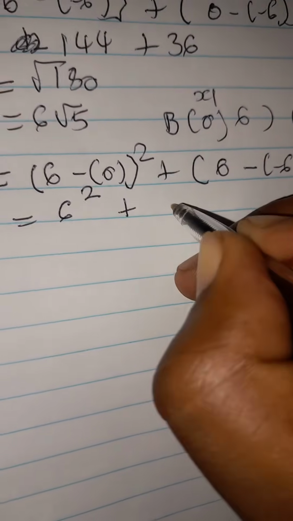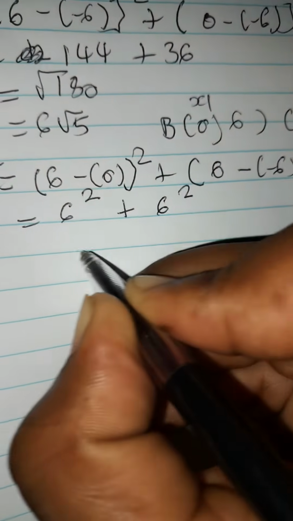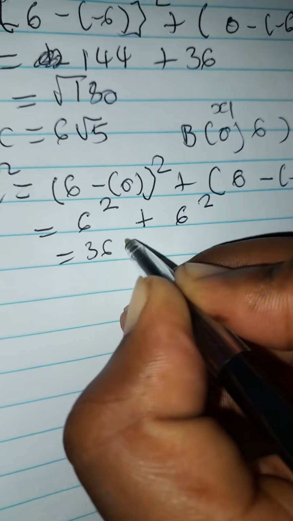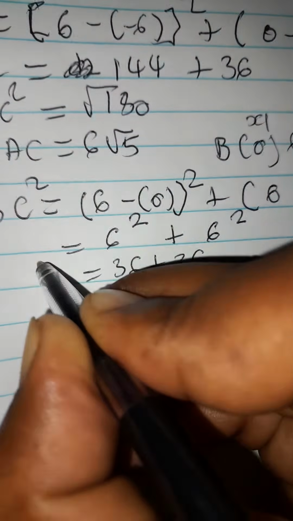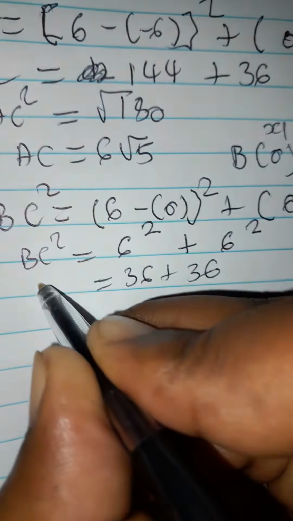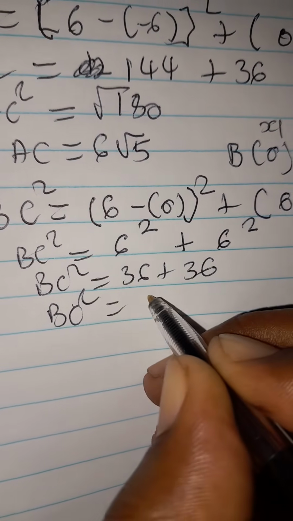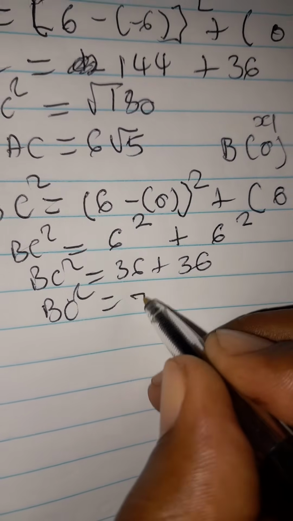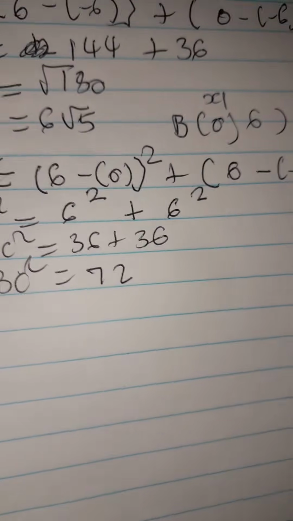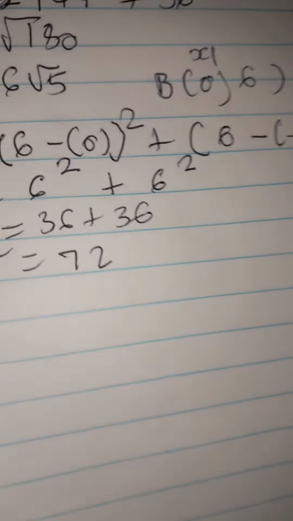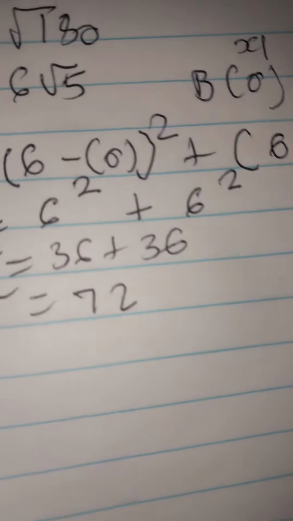And the other side is also going to be 6 squared, which will give us 36 plus 36. So we have BC squared. BC squared will be 36 plus 36. That will be 72. So we need to find the square root of 72.